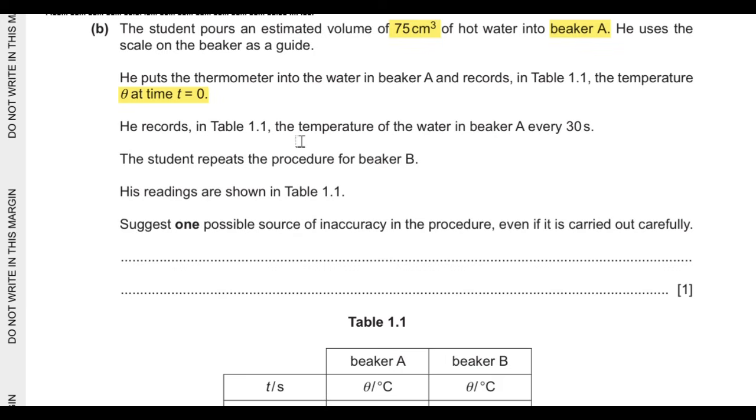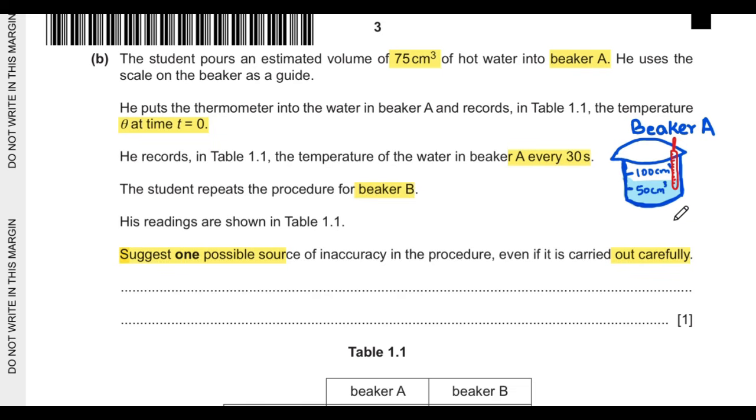He records in table 1.1 the temperature of the water in beaker A every 30 seconds. The student repeats the procedure for beaker B as well. His readings are shown in table 1.1. Suggest one possible source of inaccuracy in the procedure even if it is carried out very carefully.